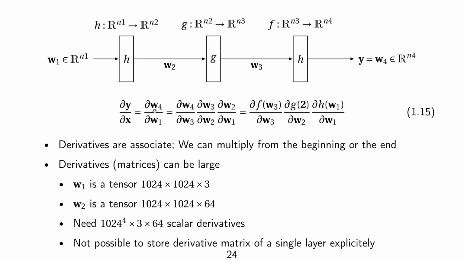Or using this w, the partial w4, partial w1, how does the output w4 depend on w1? And the chain rule says, okay, this is partial w4 over partial w3, w3 over w2, and w2 over w1.